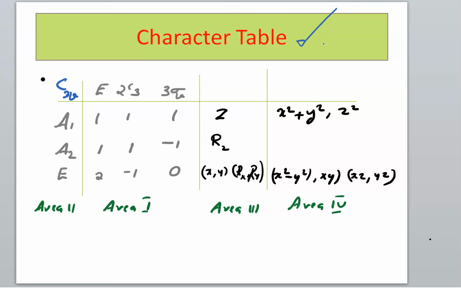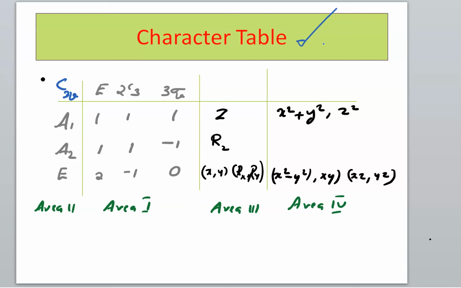Actually, a character table is a tabular form of all the irreducible representations of the point group. I already told you that a particular point group has a definite number of irreducible representations, equal to the number of classes, and all irreducible representations written in a tabular form is actually the character table.